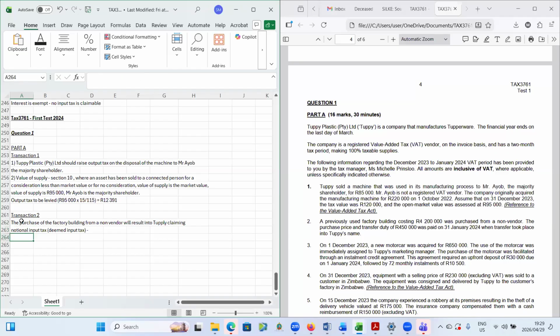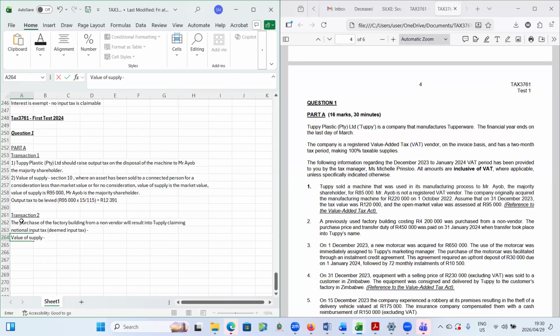What will be the value of supply? 4,606,000, where you add 4.2 million and 150,000?